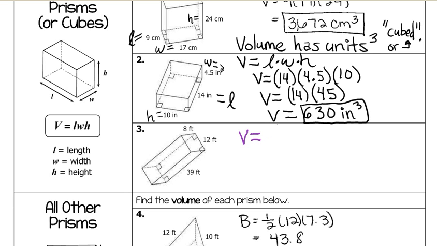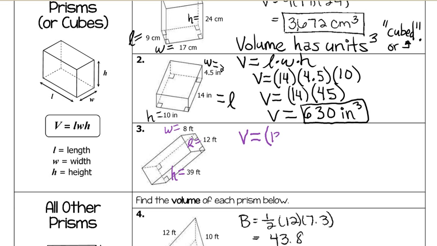So, let's see, I want my width to be 8 feet, my length to be 12 feet, and my height to be 39 feet. And then we're going to label them length times width times height, so it's going to be 12 times 8 times 39.